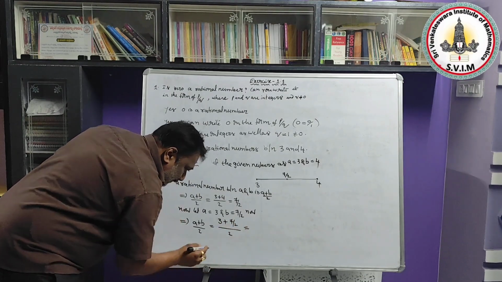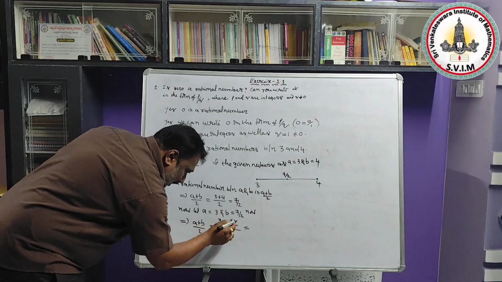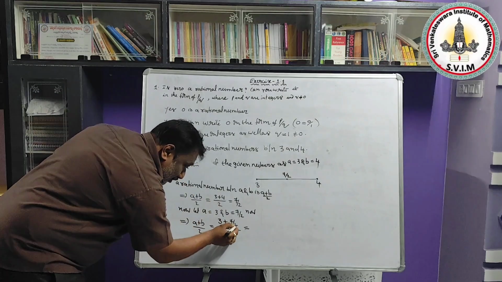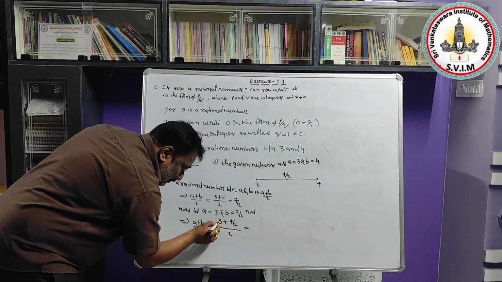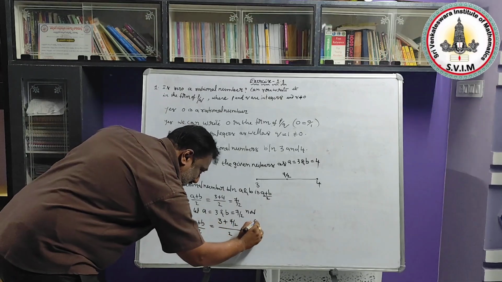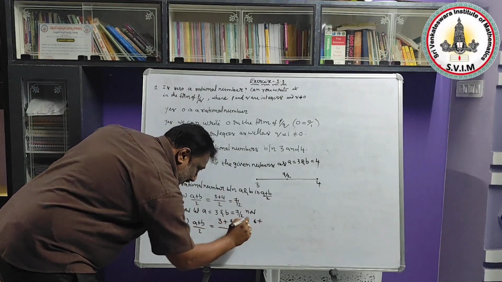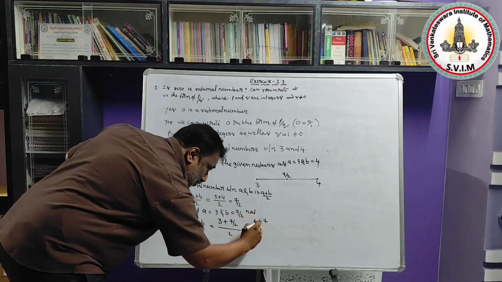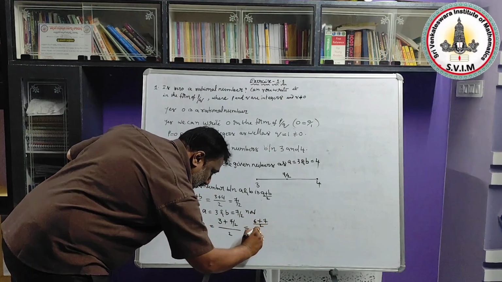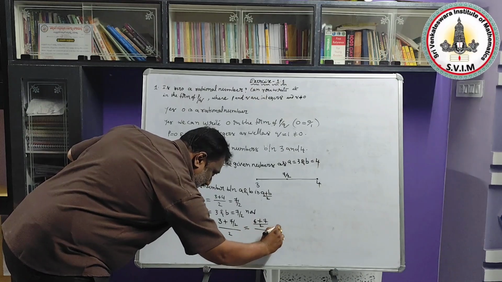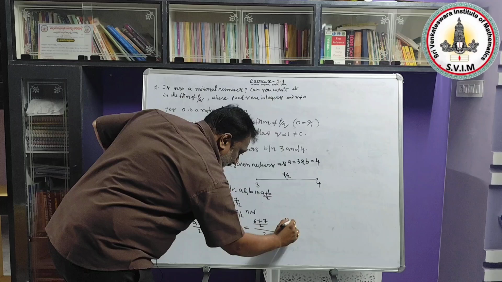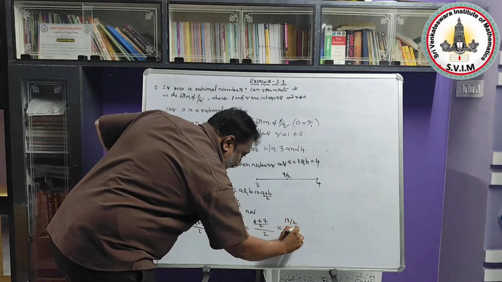Now listen to me. Whenever you have fractions to add in this way, the denominator of the fraction you need to multiply with this number 3: 2 times 3 is 6, plus this 7, you need to write as it is, because this 7 has its denominator 2. By 2 you need to write as it is. Now 6 plus 7 is nothing but 13 by 2 by 2.